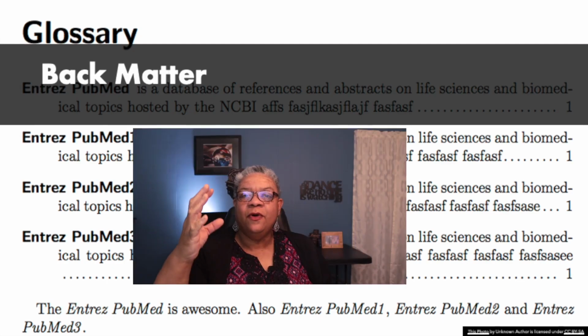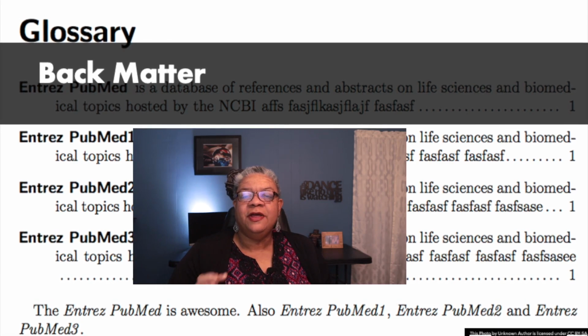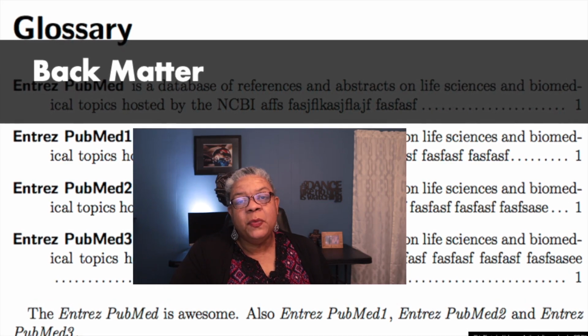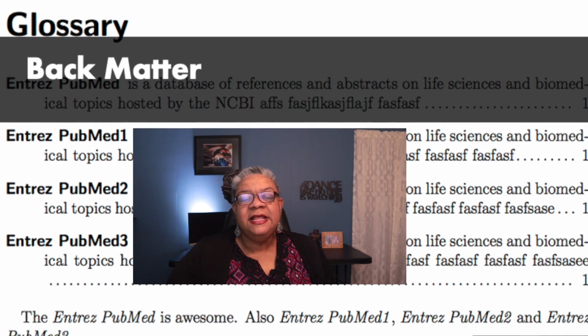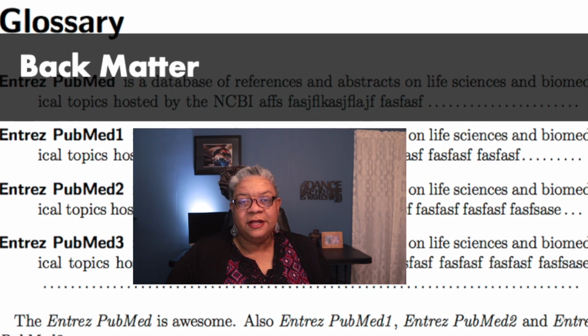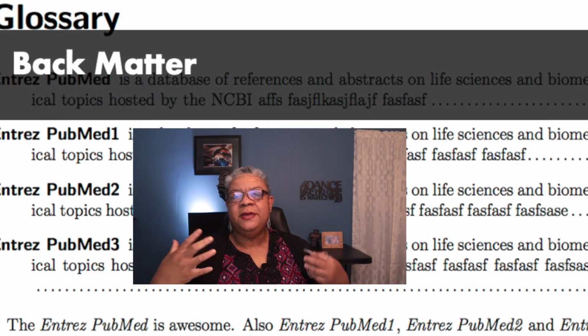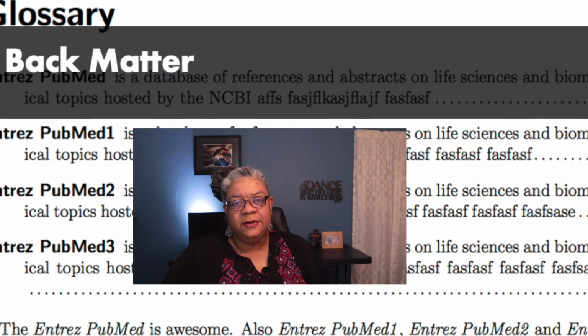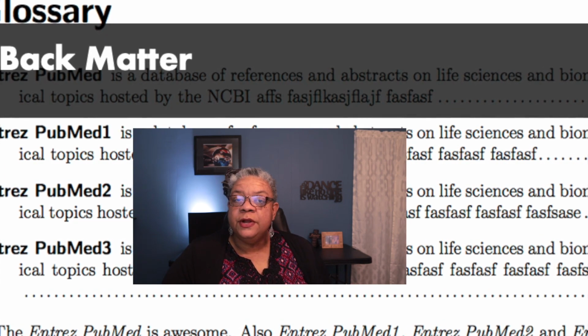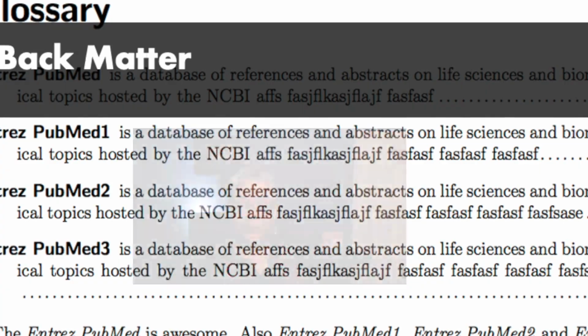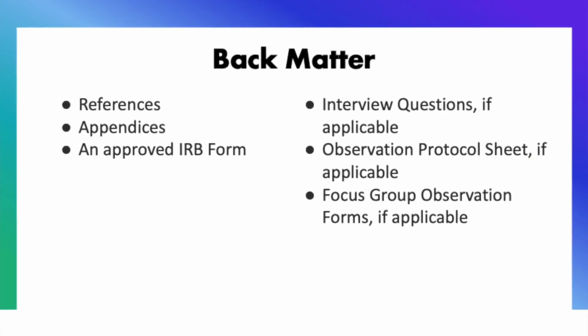And that is it for all of the written chapters and front matter. That only leaves one section left, and that is back matter for your dissertation. Now, this is all the stuff that's included at the end, the appendices. So here's what you're going to include in back matter. Your back matter should include references, and it should be in the style format for your discipline.